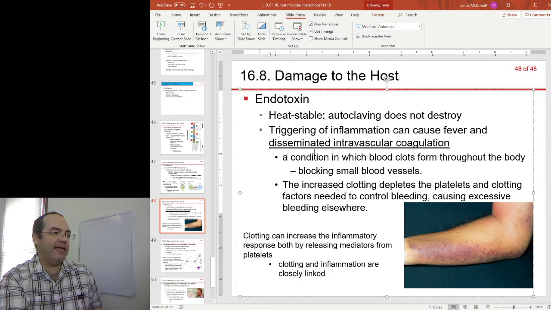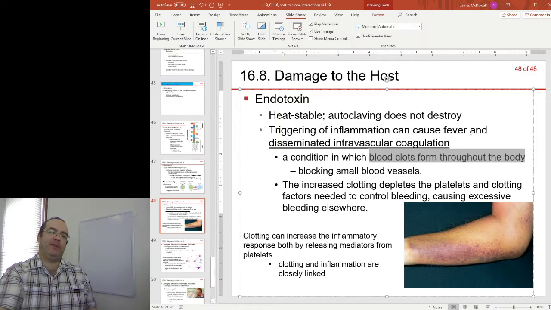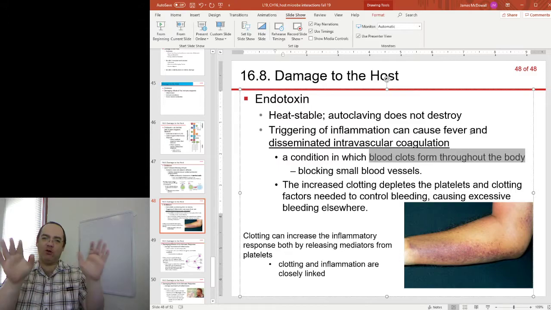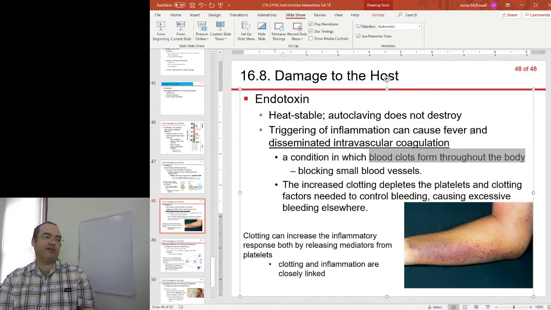So what we have is a condition in which blood clots form throughout the body. Typically you think of blood clots and clotting factors when you cut your skin and it starts to bleed and then it stops bleeding because blood clots have closed off the damaged areas.